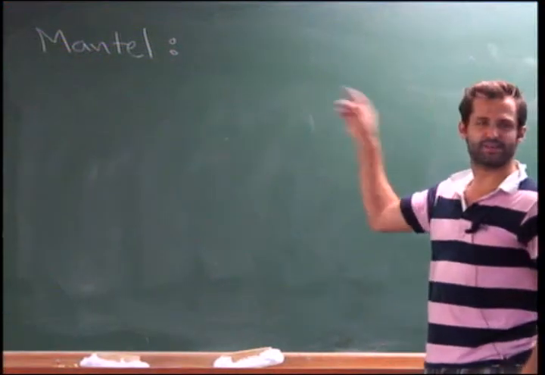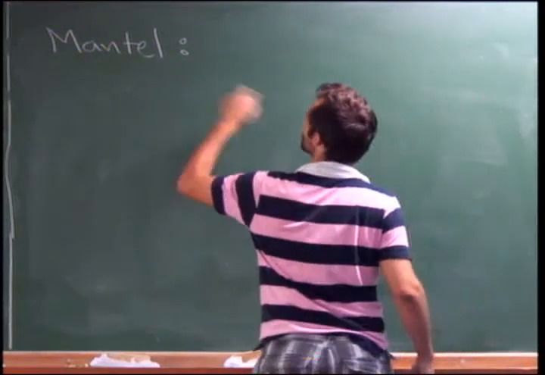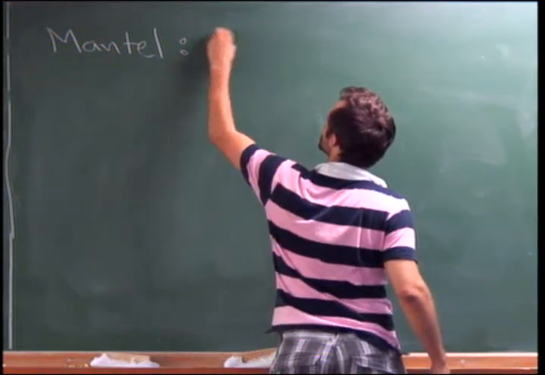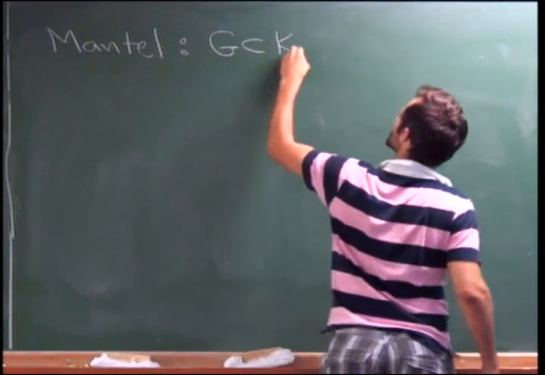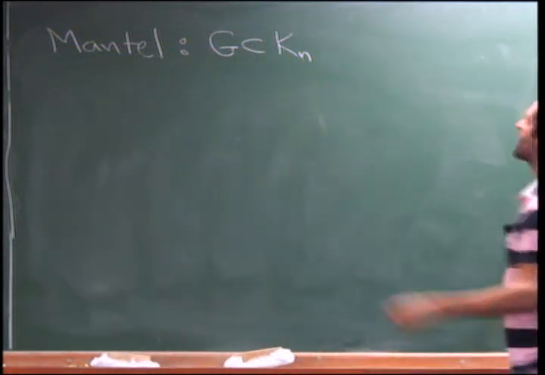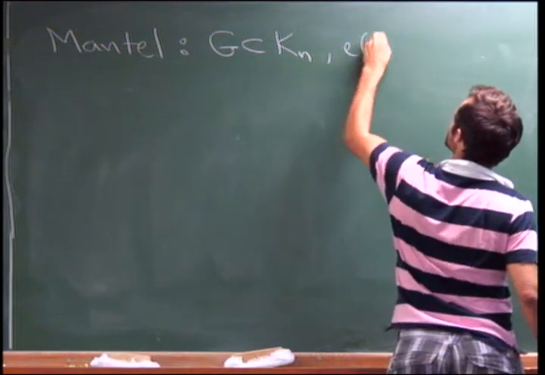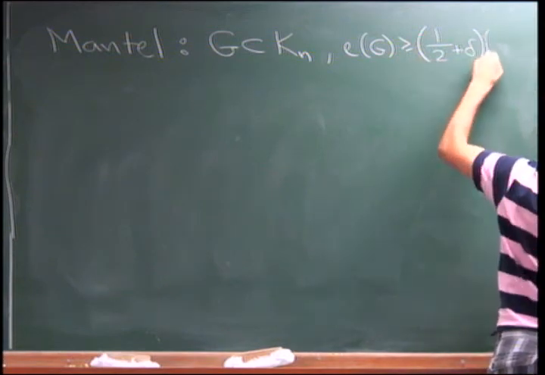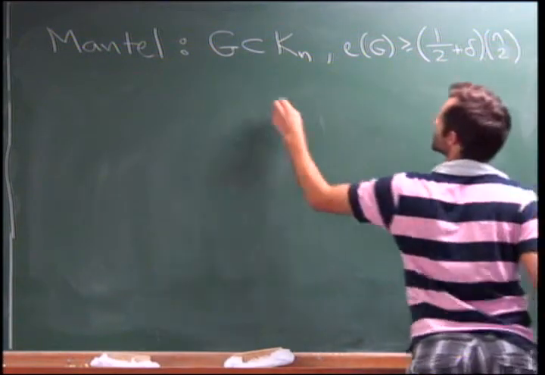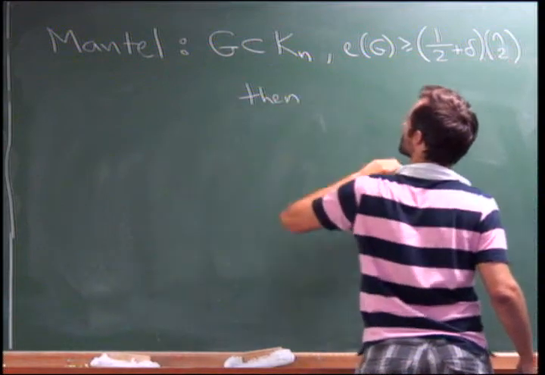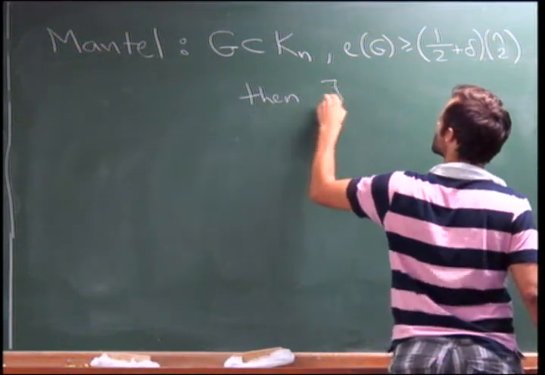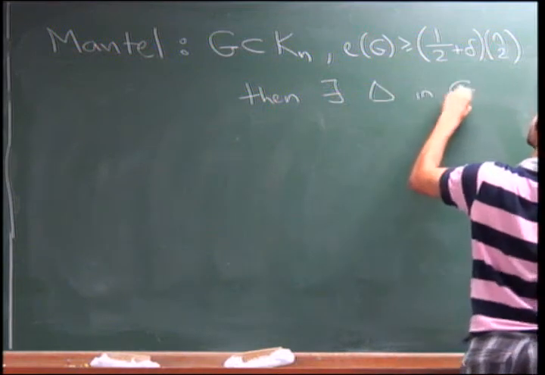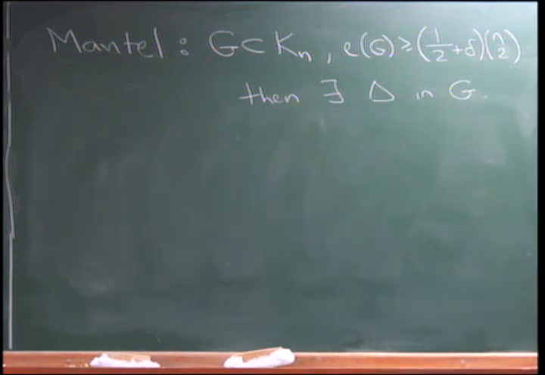Perhaps this one was easier to think about. I'm not sure. So Mantel says that if G is a subgraph of the complete graph with at least a half plus delta times n choose 2 edges, then there exists a triangle in G. Okay, so I'm giving a very weak version with a delta in.